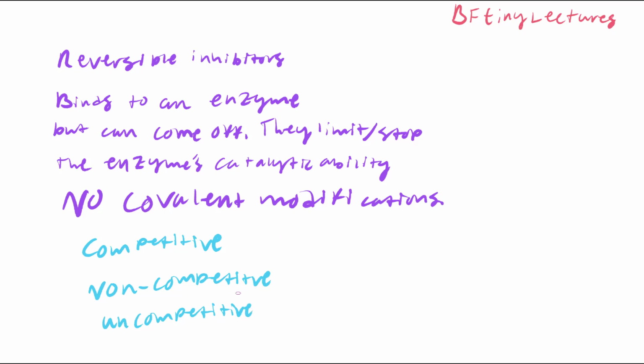Right? So there you go, and I forgot an I right there. Okay, so there are 3 classes of reversible inhibitors, and this video is going to be focusing on the 3. And we're going to have some graphs to go along with it.